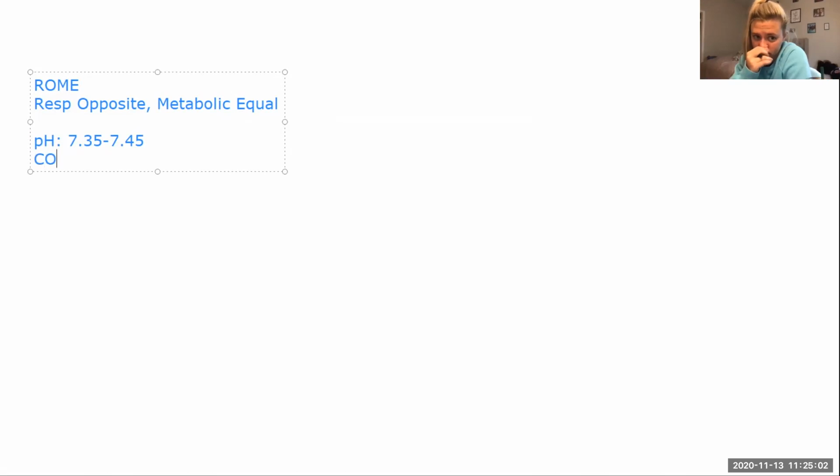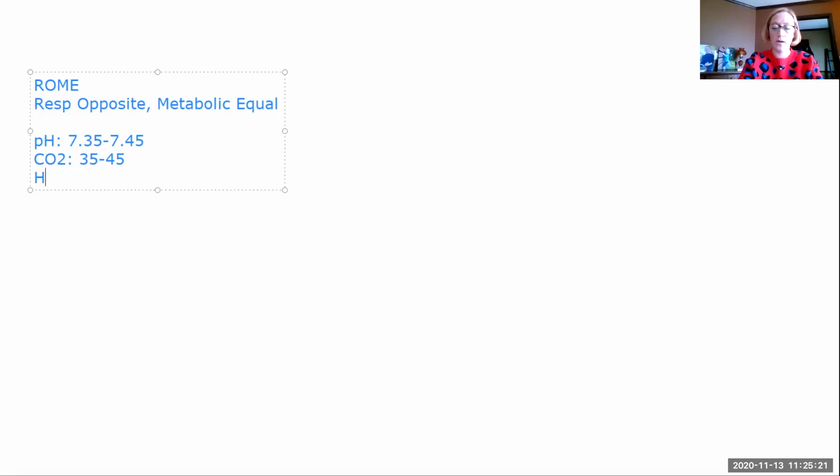CO2, which is our respiratory value, and it's 35 to 45. Those are easy to remember because the pH is 7.35 to 7.45, CO2, 35 to 45. And then our metabolic system is our bicarb value that we're looking at, which is 21 to 28.